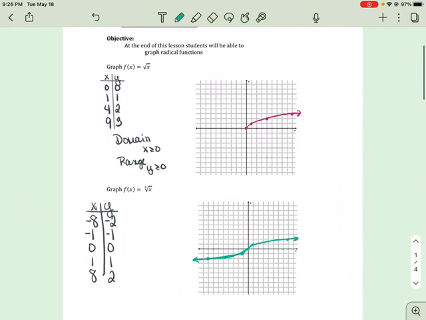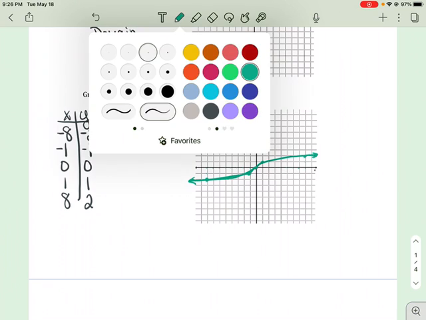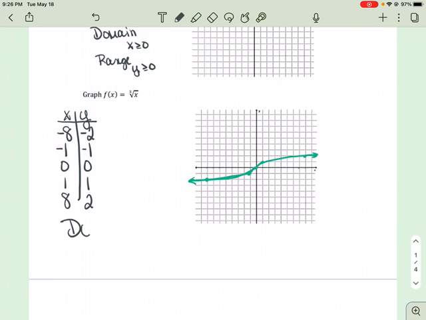All right, so again, these are our two graphs, and every graph that we're going to do is going to have this shape. Here the domain and range are both all real numbers.